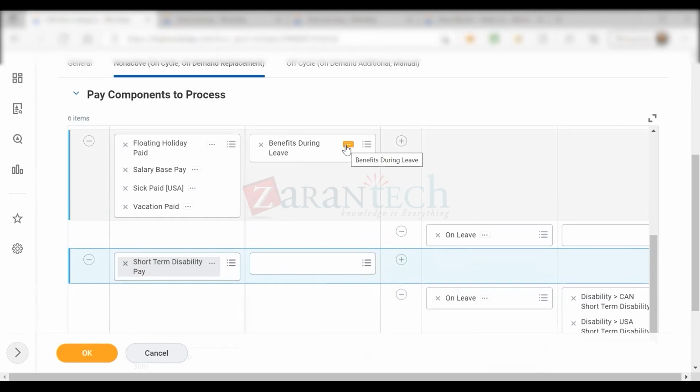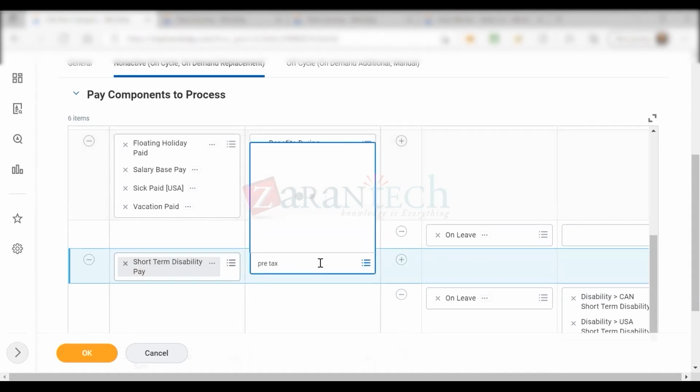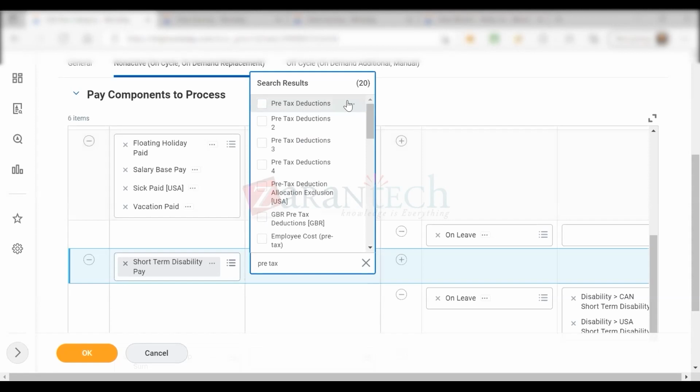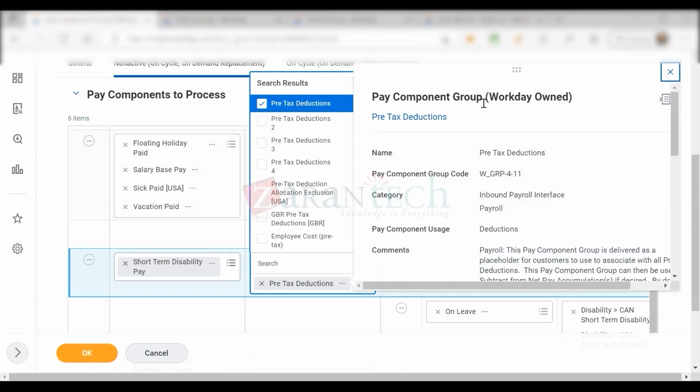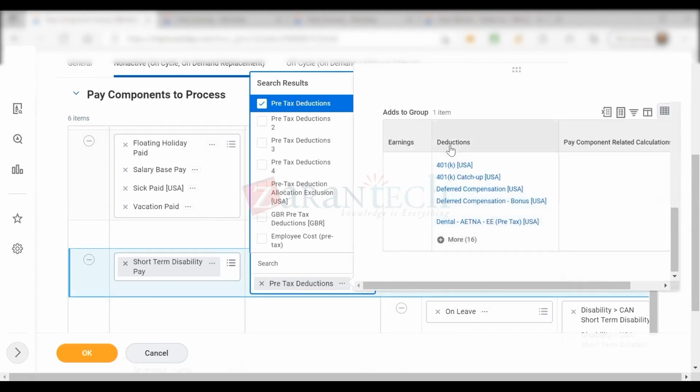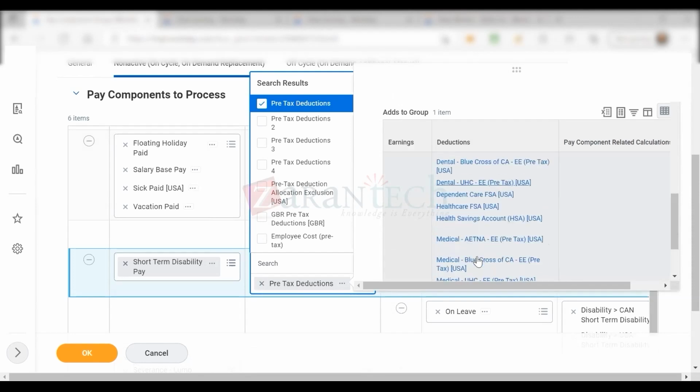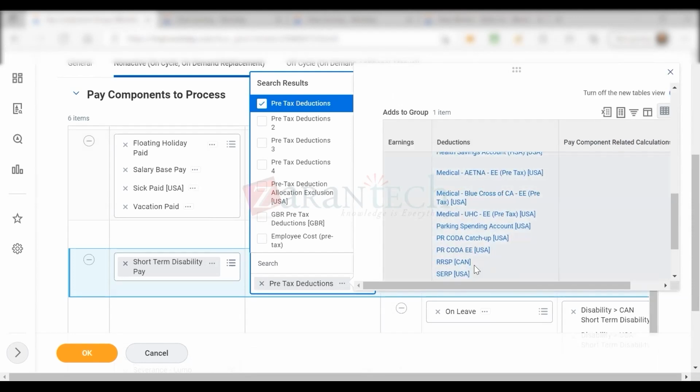If I want to calculate every single pre-tax deduction, yes, go ahead and put pre-tax. No need to list out every single deduction code. All the deduction codes which are grouped under the pay component group called pre-tax, and they are these many. So 21 deductions are there which we categorize as pre-tax.